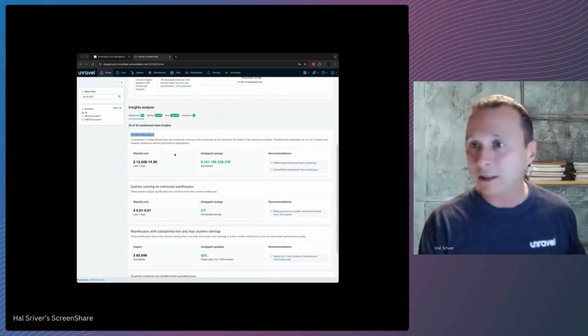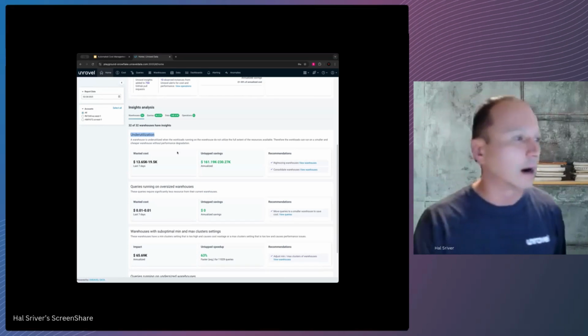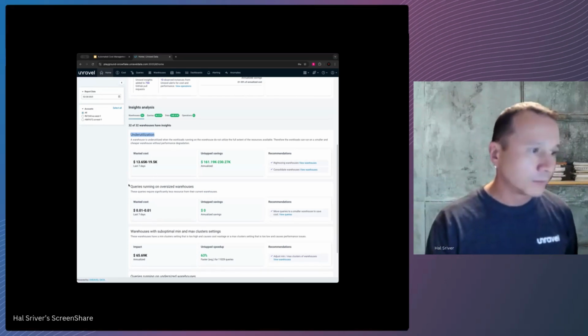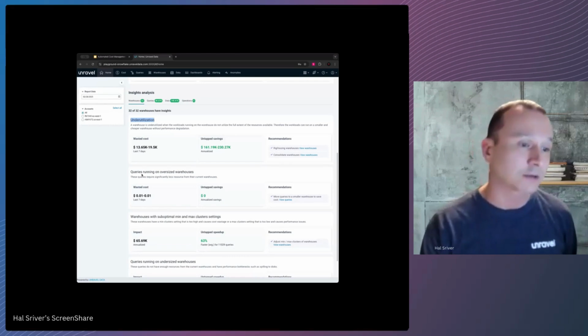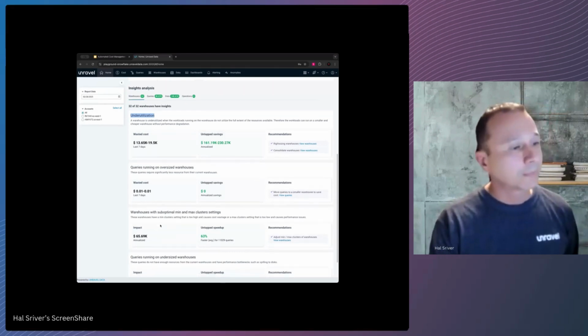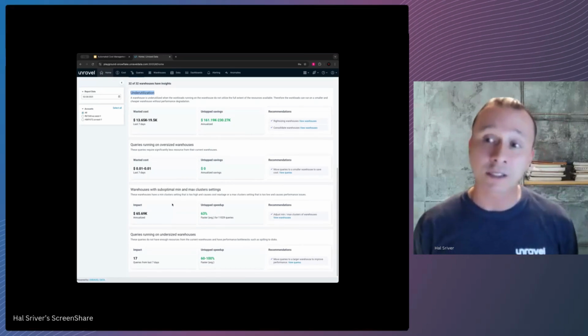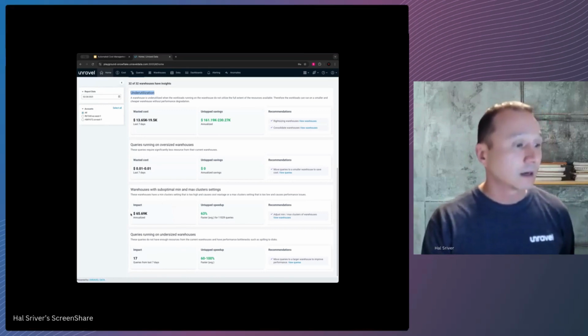So therefore, these workloads can be run on smaller and thus cheaper warehouses without performance degradation. We've also identified a bunch of queries running on some oversized warehouses, right? So these are candidates to move to those smaller warehouses. Maybe there were some suboptimal cluster configurations in terms of auto scaling, min and max cluster settings.